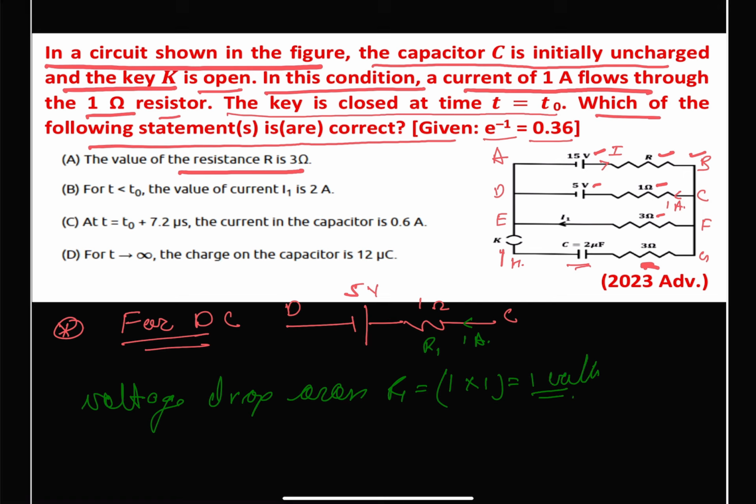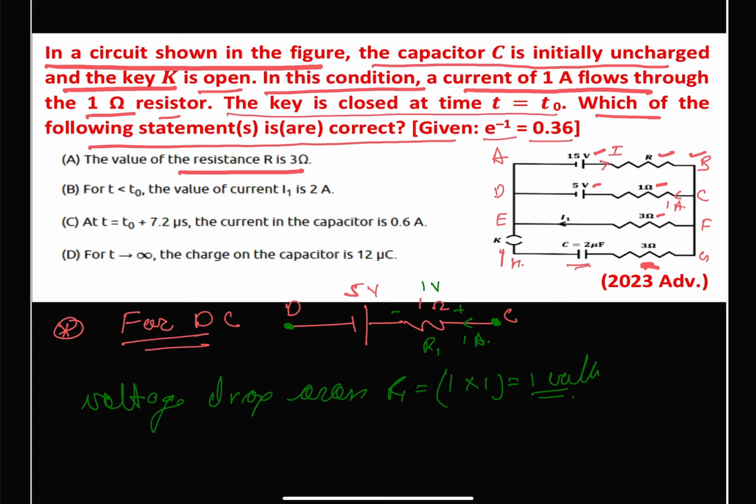And therefore we can find the potential difference between D and C. We assumed the current direction, so this will be positive and this will be negative, and we have a 1 volt potential drop across this.